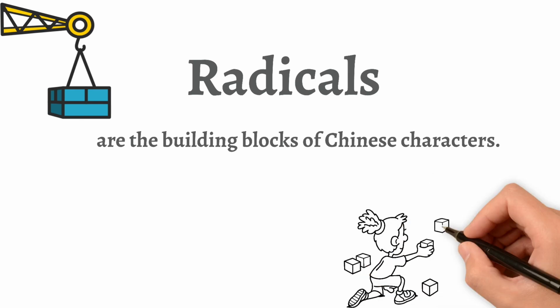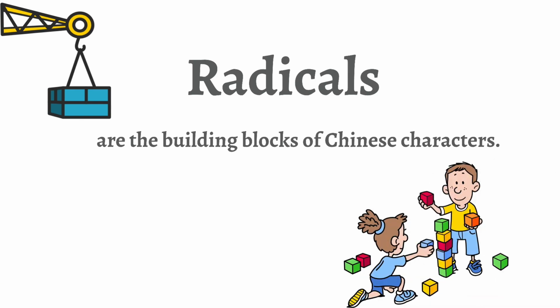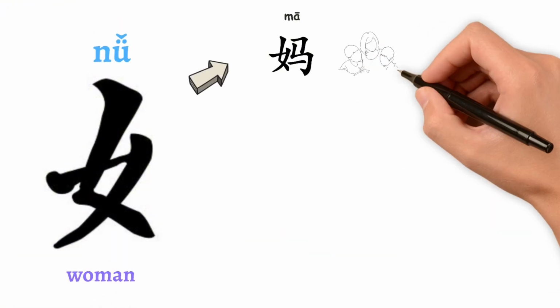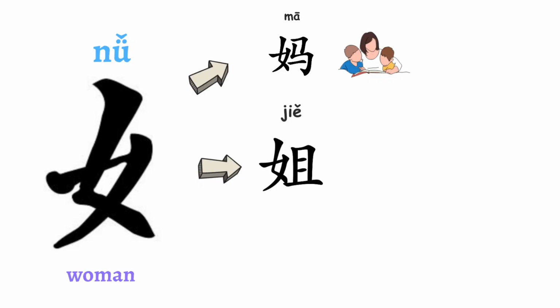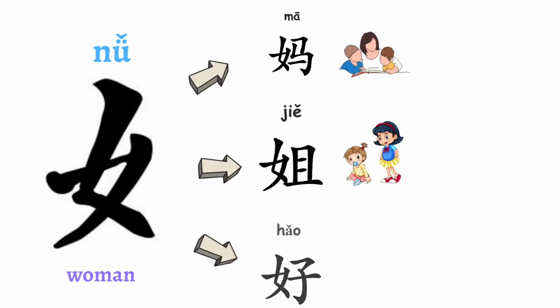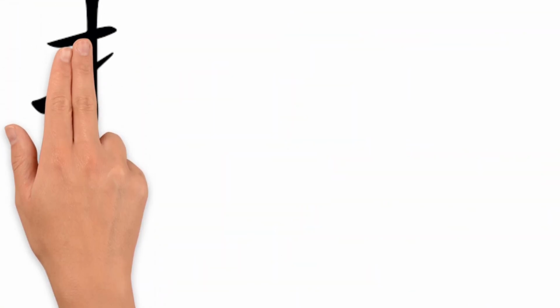Think of them as Lego pieces, small parts that give you clues about the meaning. For example, the radical 女 means woman. You'll see it in characters like 妈, mom, 姐, sister, and 好, good. Another very common radical is 提手旁, the hand radical.